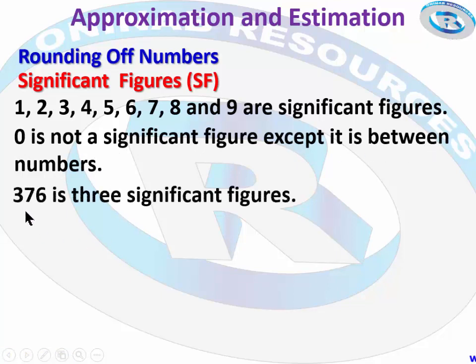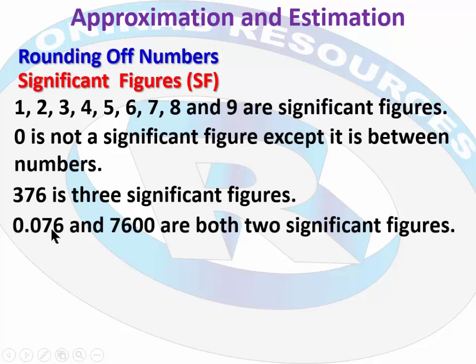So we look at 376, which is 3 significant figures. We also have 0.076 and 7,600, which are both 2 significant figures. These preceding zeros are not significant figures. 7 and 6 are the significant figures.